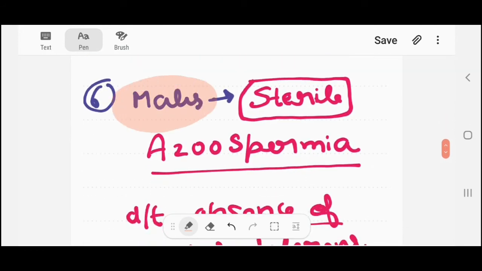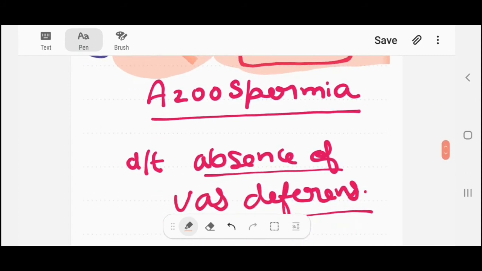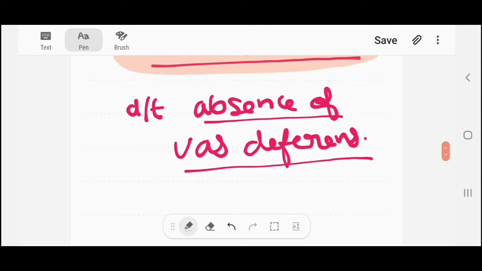In males it will cause sterility. How? There will be azoospermia, meaning absence of sperms in the semen, because of the congenital absence of the vas deferens in cystic fibrosis patients.